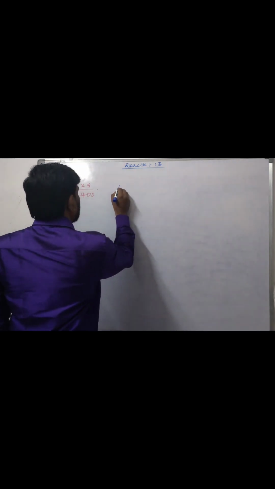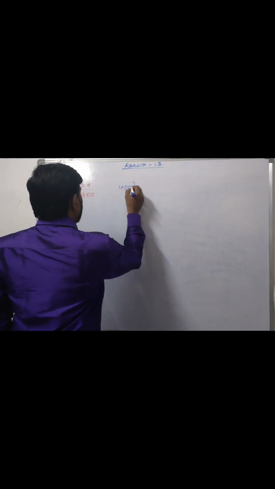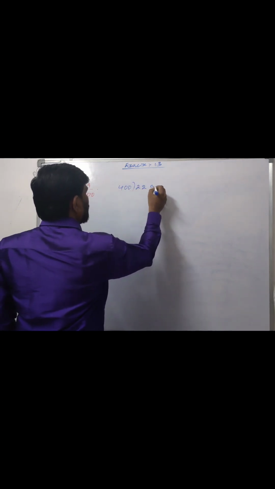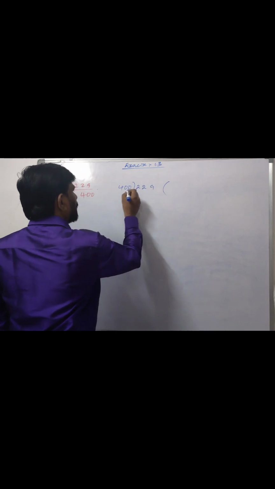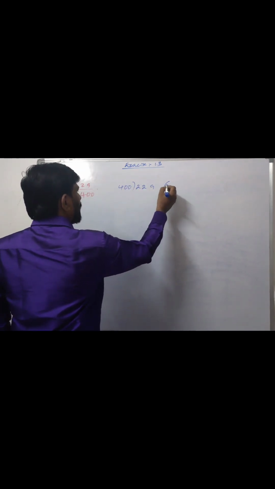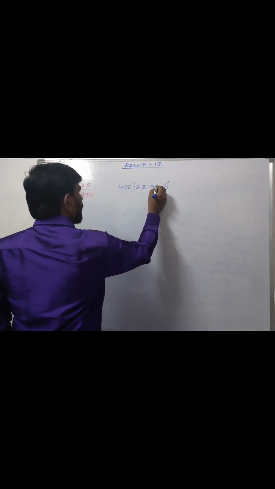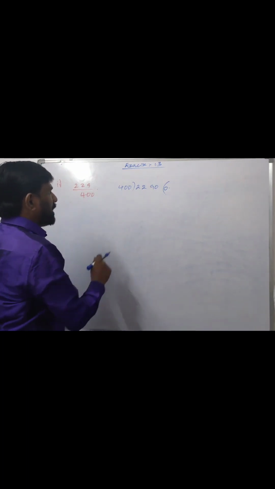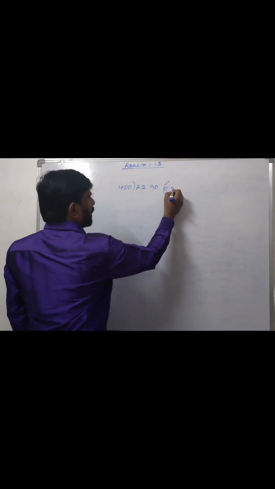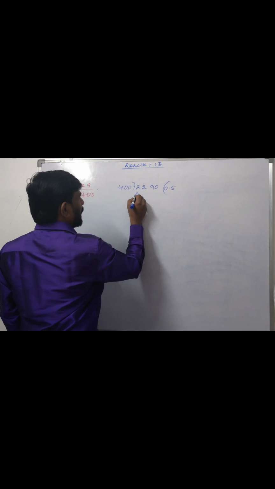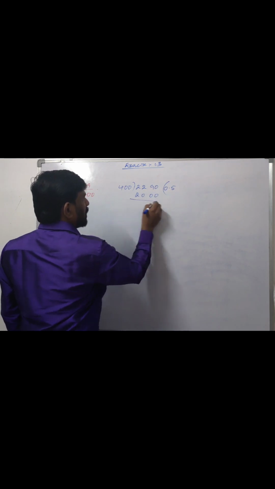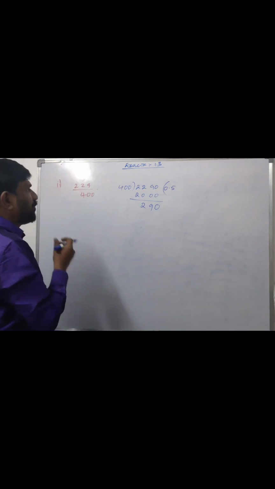So here 400 with respect to 229, 400 will not go, so let us take a point. So you will get a point here. 4 5s are 20, double zeros, so left over with 290.